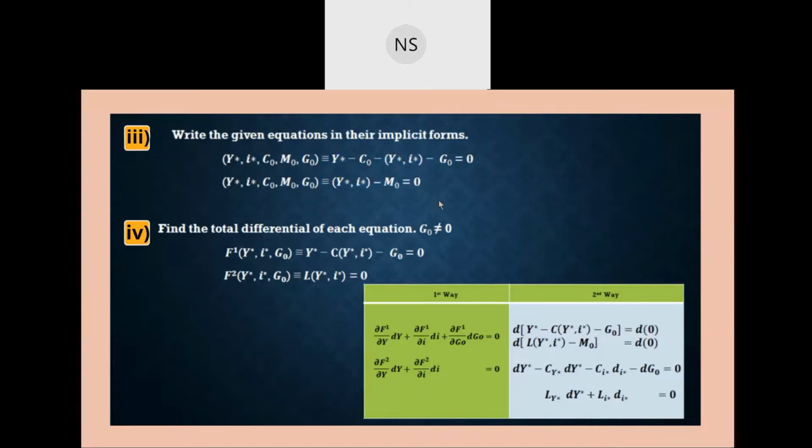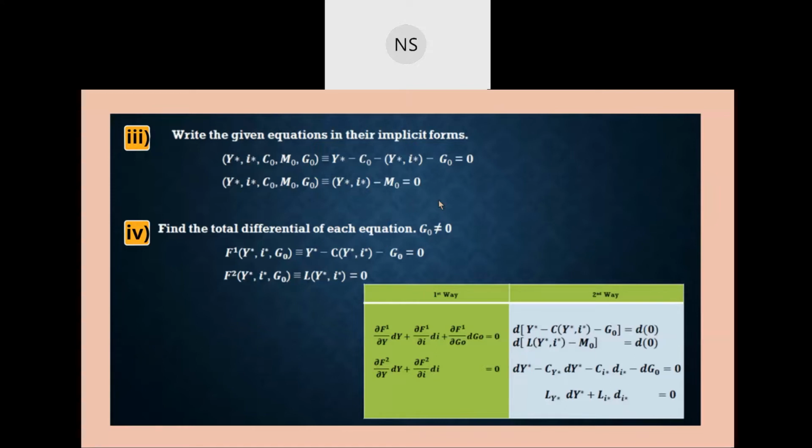Next is question number 4: find the total differential of each equation by letting G null not equal to 0. There are two ways that we can use to get the answer. The first way: because G null is only in equation 1, we will focus on equation 1.